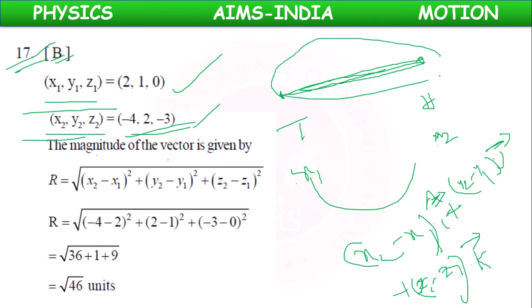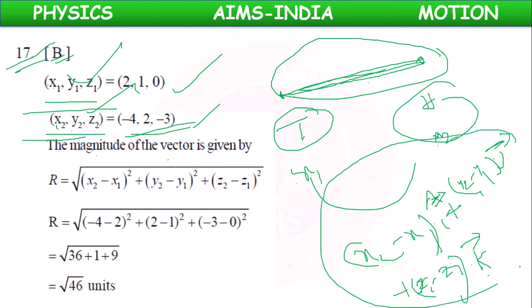They have given tail coordinates and head coordinates, but the vector is given by the difference of x coordinates into i bar, difference of y coordinates into j bar, difference of z coordinates into k bar. This x2 minus x1 is considered as numeral, and this is the vector.